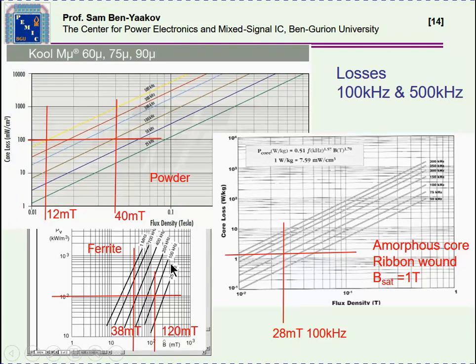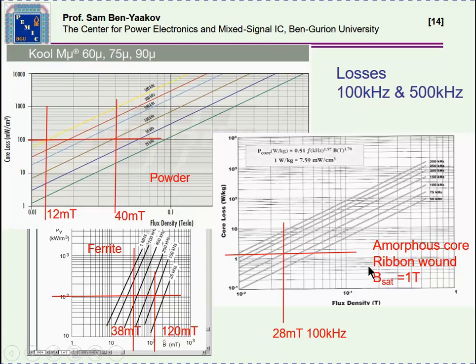So if I compare these, for say 100 milliwatt per centimeter cube and 100 kilohertz, the ferrite will allow us to work at 120 millitesla peak excitation. In the case of the powder core of this particular material, it'll be 40 millitesla. Again, this is for a given core with these permeability values.